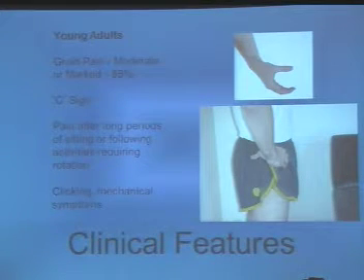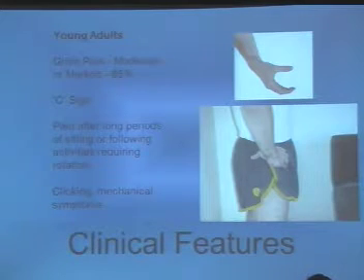Now the clinical features that can be seen in these young athletic patients is pain in the groin. They usually present with a C sign, and that is how they will say that this is where the main pain is. And it has been associated with pain during sporting activities or long sitting periods.